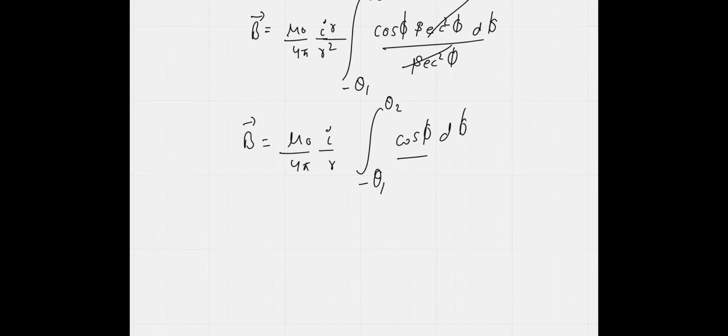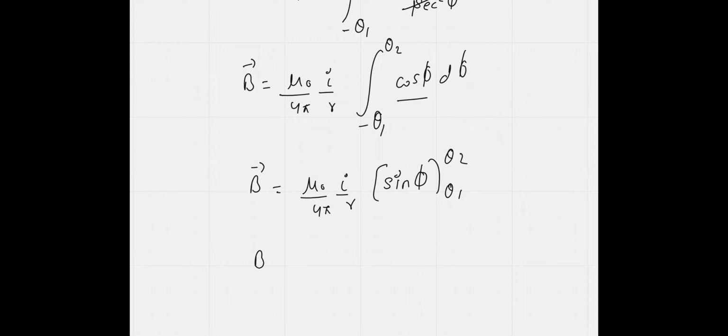What is the final integration? You will be getting mu naught by 4 pi I by r. If you integrate this, what are you going to get? Sine of phi going from minus theta 1 to theta 2. So this whole thing comes out to be mu naught by 4 pi I by r times sine theta 2 minus sine of minus theta 1.